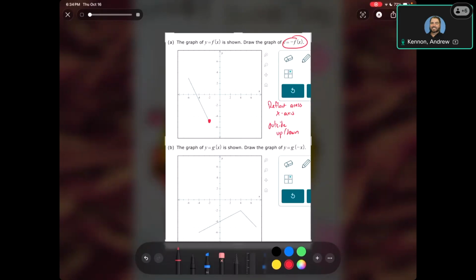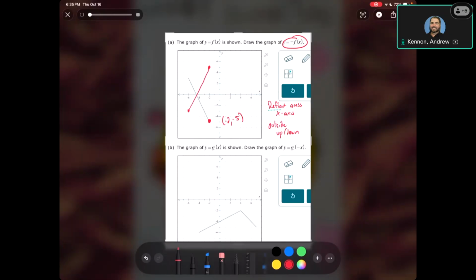If I look at this point right here, that point is -2, -5. I don't even do the points, to tell you the truth. What I do is I say this is 5 below the x-axis, so I'm going to put it 5 above the x-axis. And this one's 3 above it, so I'm going to put it 3 below it. And that flips it for me.